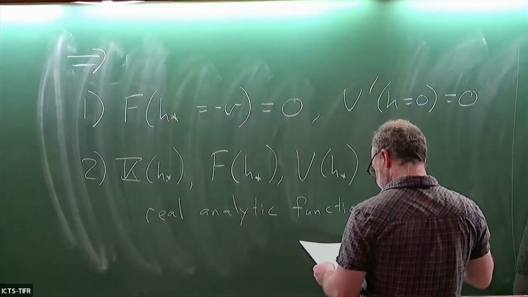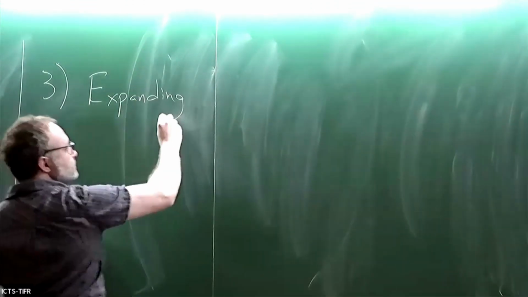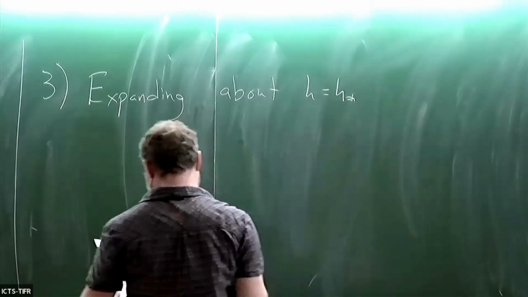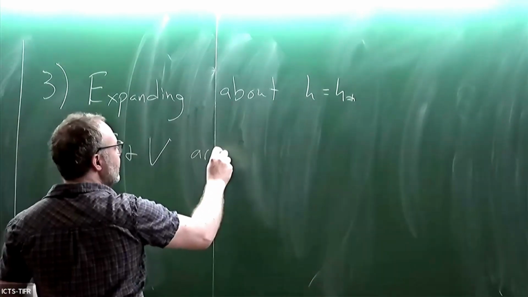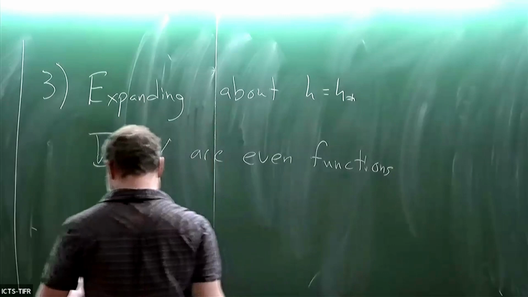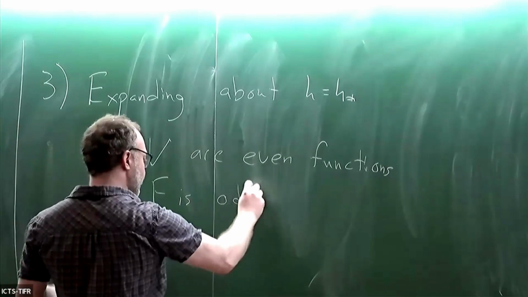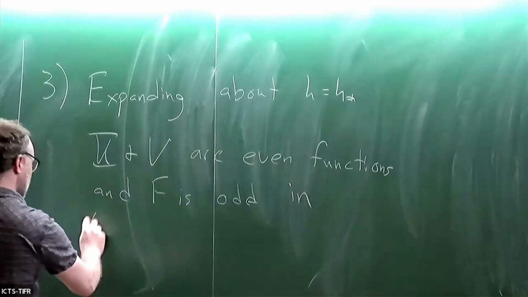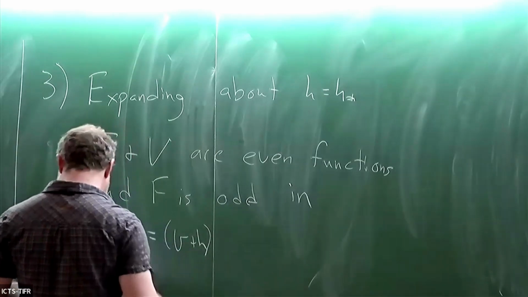of little h. And then when we expand about h equals h star, what we find is k and v are even functions and f is odd in h minus h star, which is equal to v plus h.